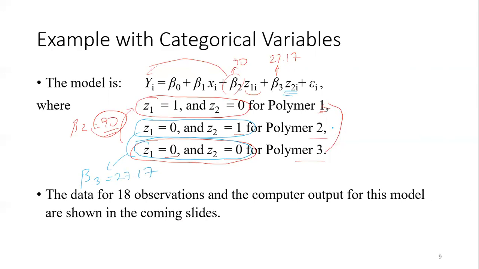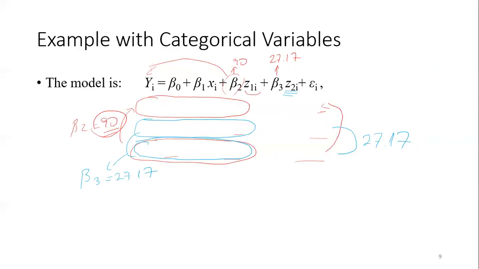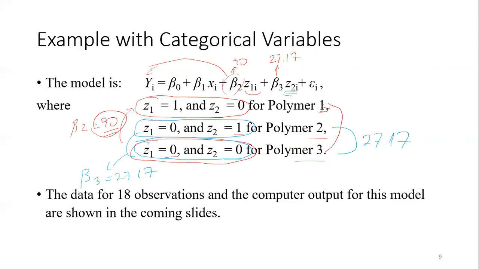Again, look at the definition of Y, the amount of suspended solids in the system: due to polymer 2 it is greater than polymer 3 by an amount of 27.17.